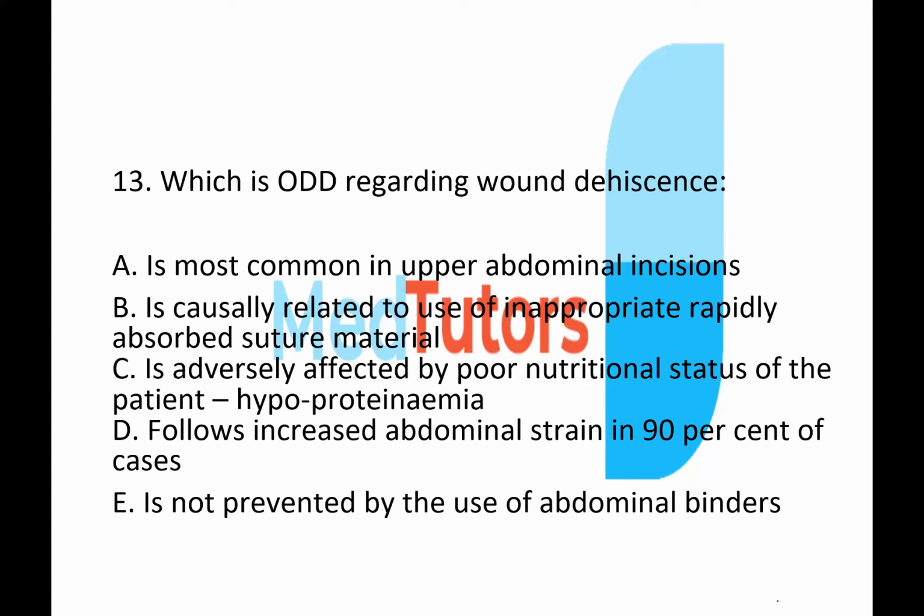You actually use non-absorbable sutures like nylon to suture fascias. That's why in the past, after cesarean section, the gynecologists often used Vicryl to close the rectus, and the incidence of incisional hernia was high. But when they use nylon, it reduces the incidence. So B is true. C is obviously true. Now D is odd.